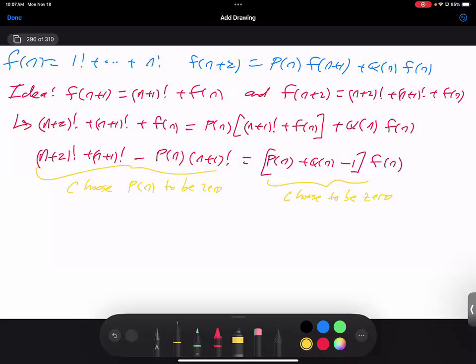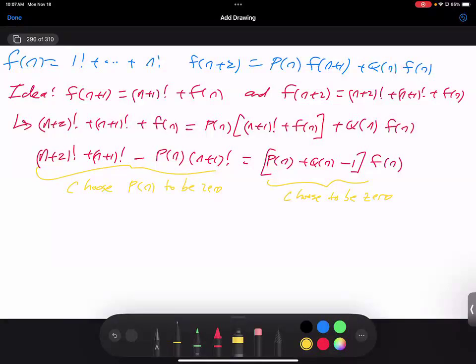So if we can find a Pn that works, then the hope is we then have the freedom to choose Qn to make the second work. And once we look at the problem like this, it's going to fall immediately. So clearly there will always be a Pn that works. The only question is whether or not it will be a polynomial, right? If it's not a polynomial, then we're in trouble. But if it's a polynomial, then hopefully we can solve for the other one.